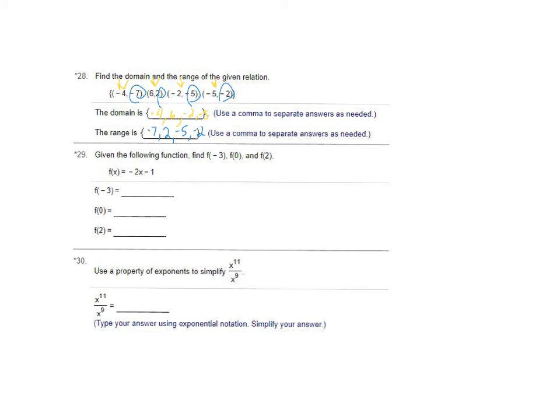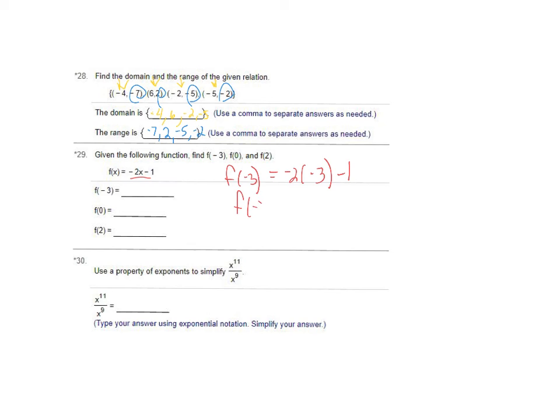We're asked to evaluate the function, so this is just a substitution problem. I'm going to say that f of -3 would equal -2 times -3 minus 1.